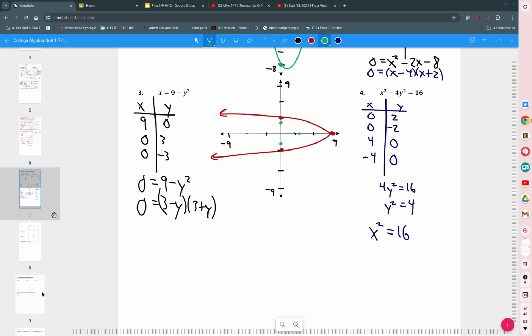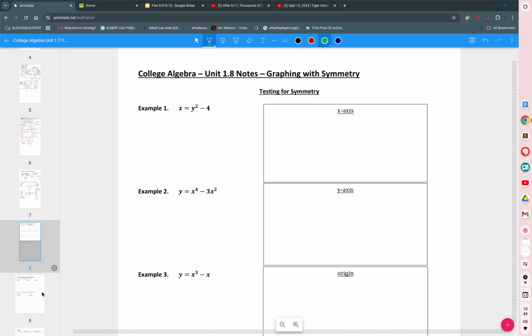We plot positive 4 for x and negative 4 for x. And there's my shape. An oval. An ellipse. Notice how the equation was similar to a circle from yesterday, but it's a little bit different. And again, on the test, I'll be asking that you can find the x and y intercepts. What your graph looks like, that's up to you.